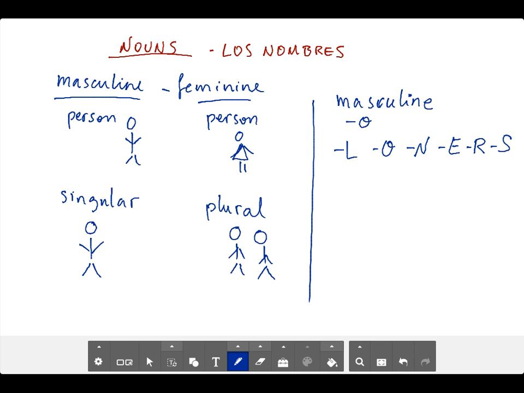So what you have to do, if it's an object, is look at the very end of the word.